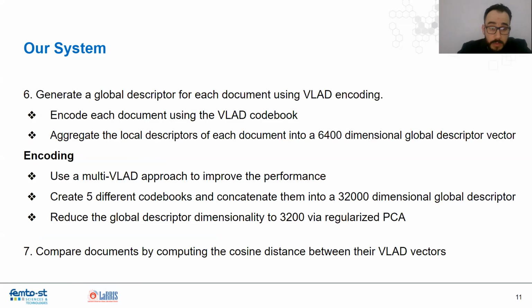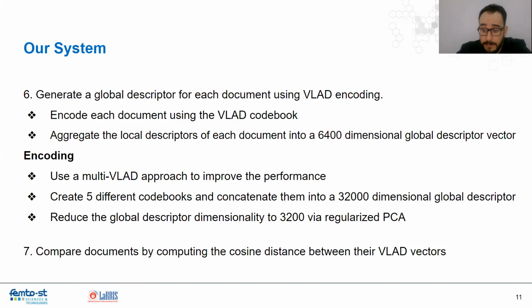Then we generate the global descriptor for each document by applying the encoding using VLAD. So we aggregate the local descriptors of each document. As I told you before, we have 100 centroids, and each array is 64. So we get a 6,400 global descriptor vector.